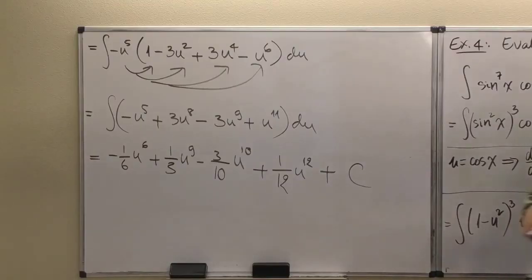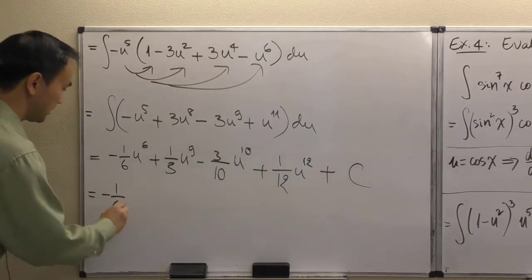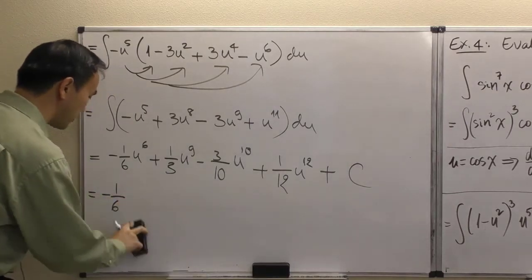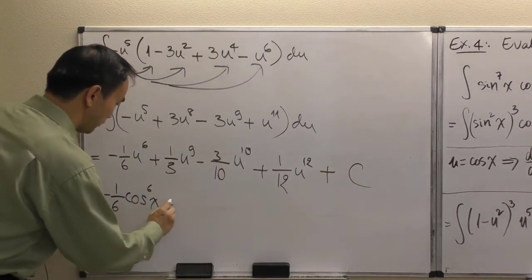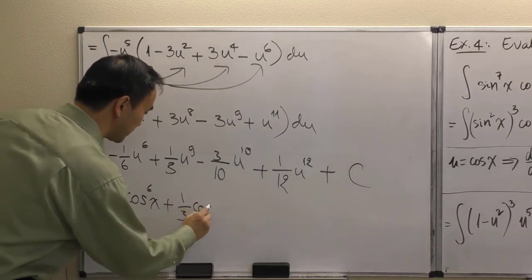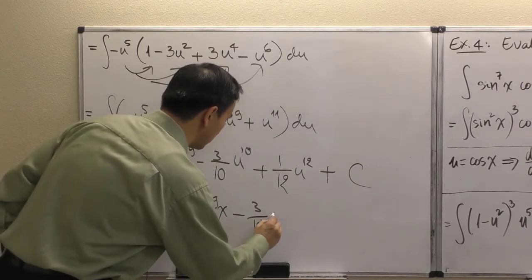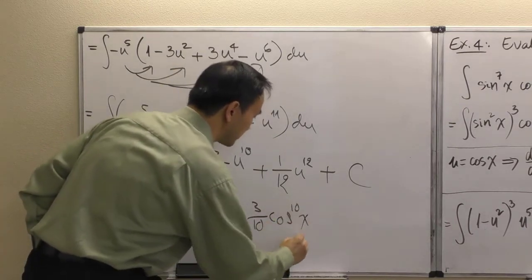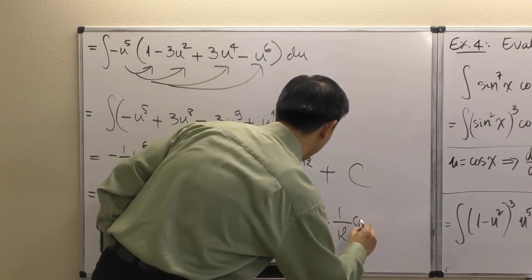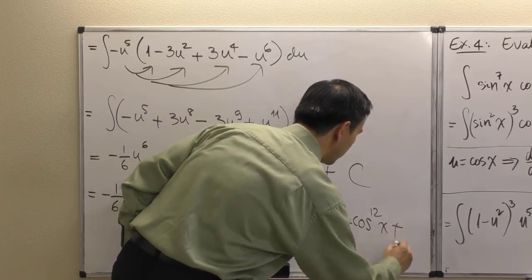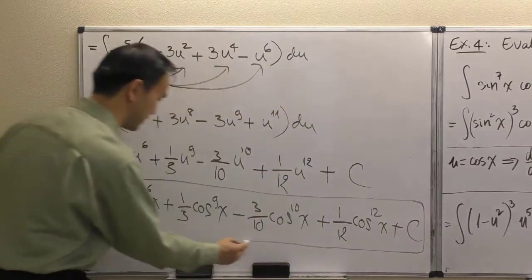So now we are going to have negative 1/6 times, and I don't think I need parentheses here any longer, cosine to the 6th of x, plus 1/3 cosine to the 9th of x, minus 3/10 cosine to the 10th of x, plus 1/12 times cosine to the 12th of x, plus C. All right, so there we go. Here's another solution of ours right here.